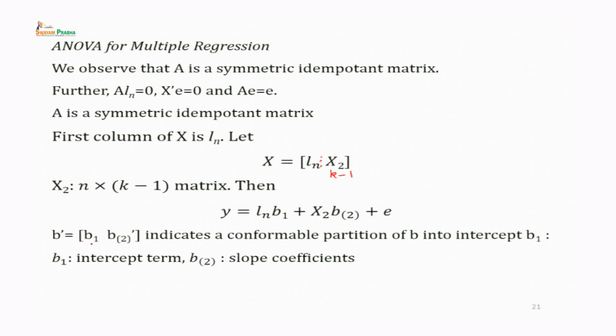This is the first element of B, and these are the remaining k minus 1 elements of B. The first element is corresponding to the intercept term, and the remaining elements in b 2 are the slope coefficients. Just like in linear regression, when you have beta 1 as the intercept term and beta 2 as the slope coefficient.